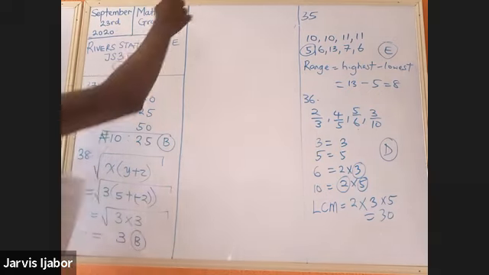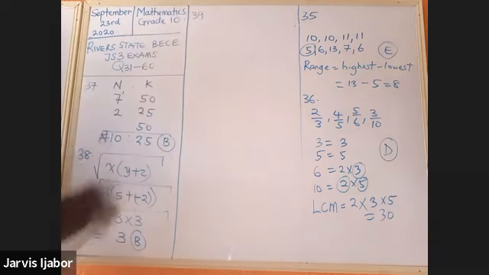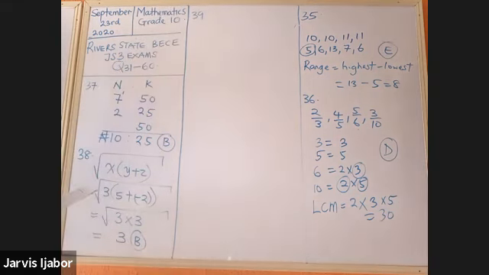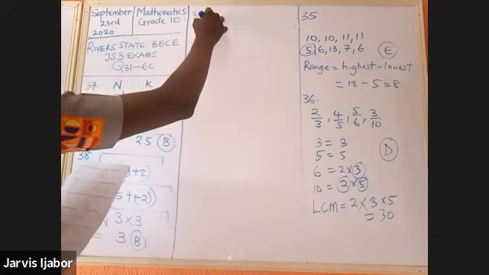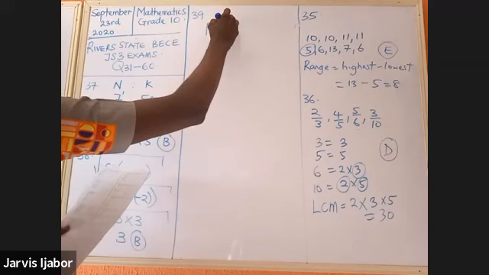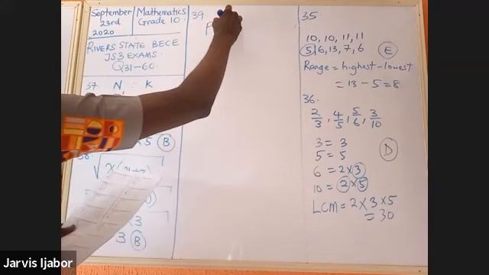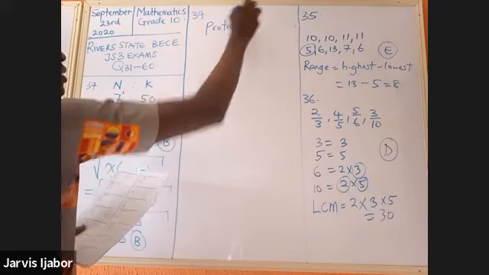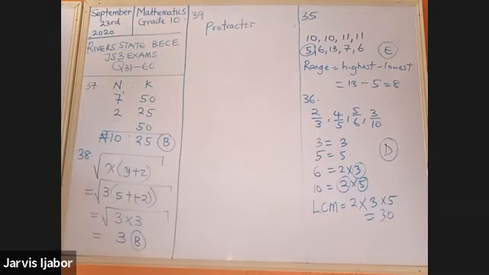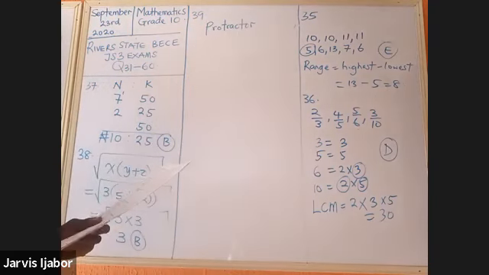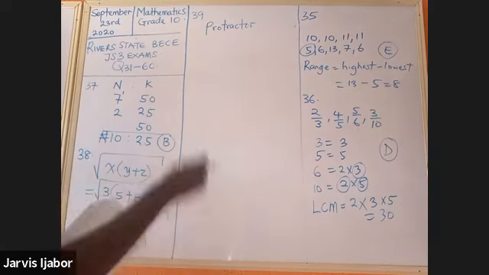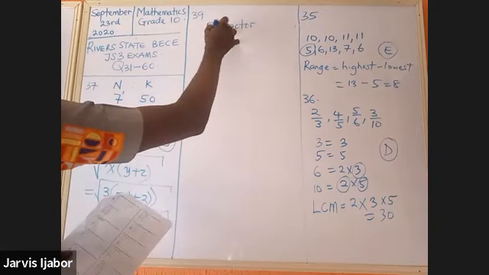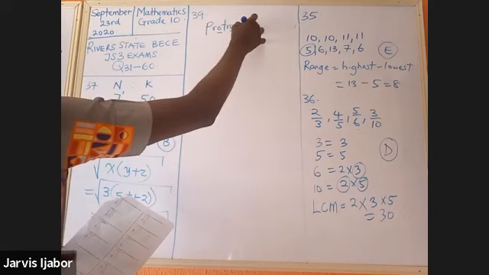And that answer is B. So in question 39, we are told, what is the percentage of the letters in the word protractor that are vowels? Protractor. Which of them are vowels? We know that it is this one, this one, and this one.